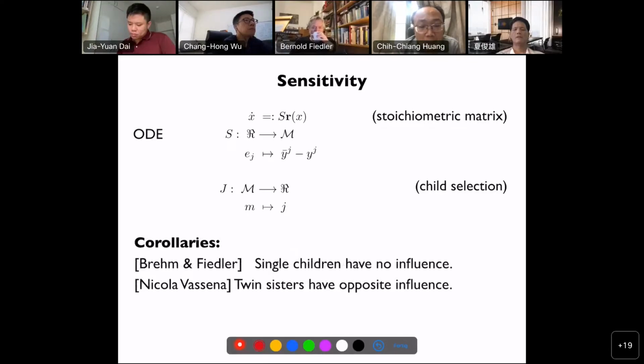So we observed that single children have no influence. This is something you can see in life. You have a mother with a single child, only one reaction going out of this metabolite. And the single child goes astray. It does strange things.